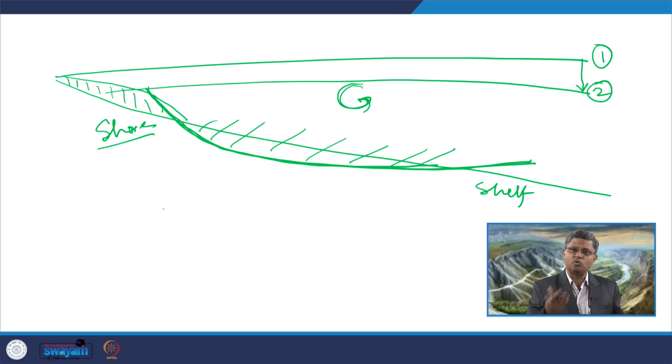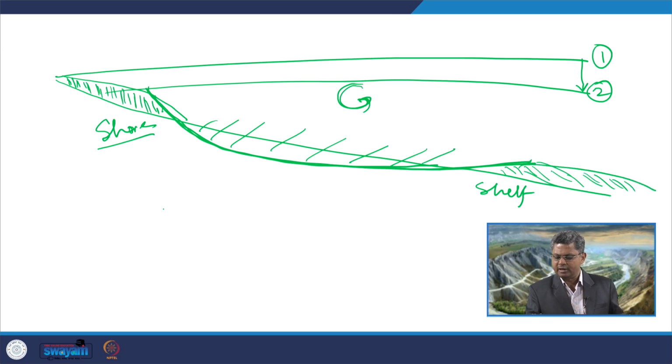What are the areas where we can get deposition? Number 1 position is this zone, as I have stippled, where we are getting some deposition, as well as over here in this part, where we get the deposition of maybe the shelf deposit again.